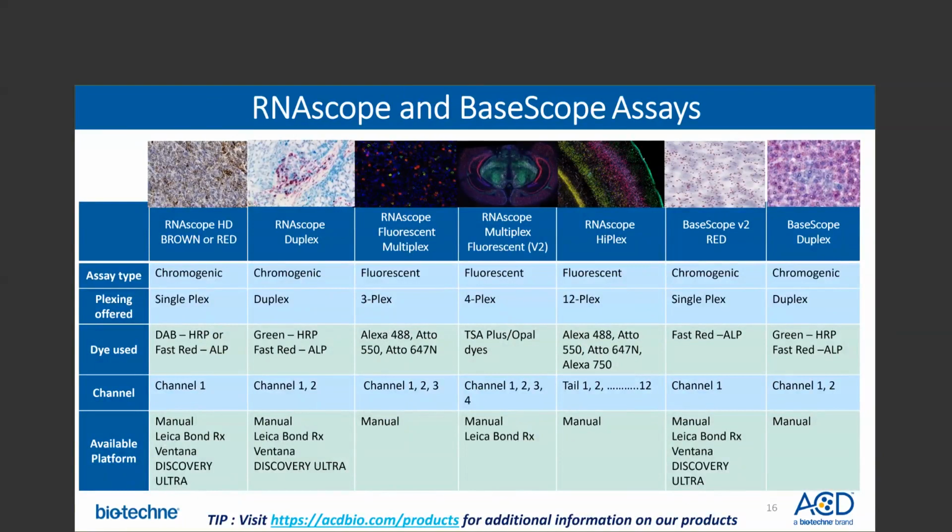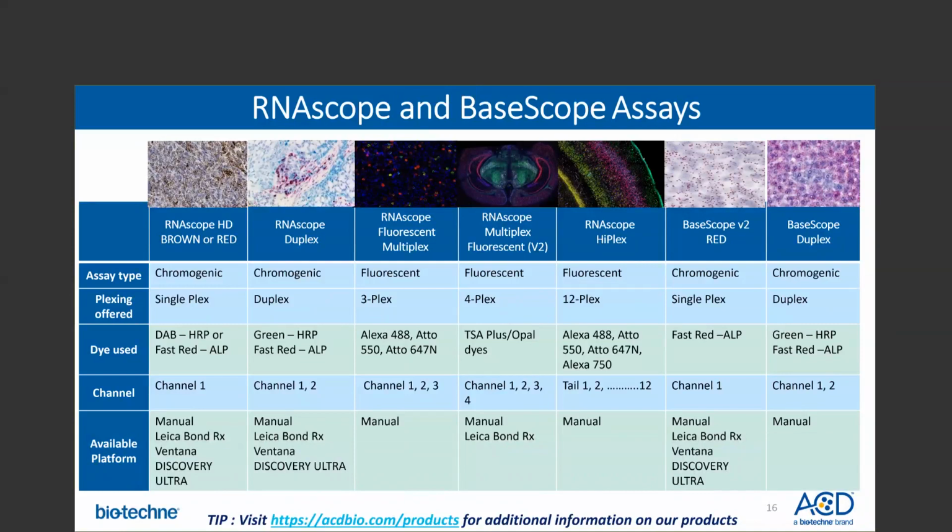You also have the option of looking at two mRNA markers simultaneously using the chromogenic RNAscope Duplex assay, which detects two markers as red and green. Finally, both these options can be done manually, and they're also compatible with the Leica BOND RX and Ventana Discovery Ultra platforms.